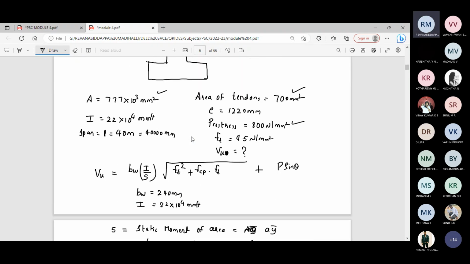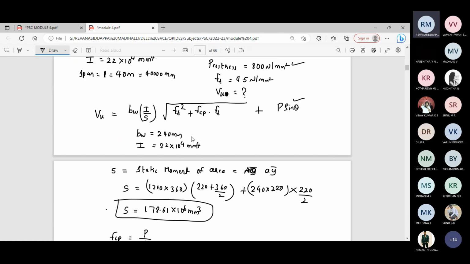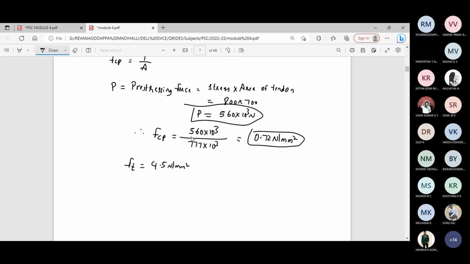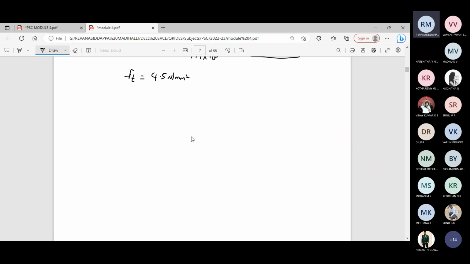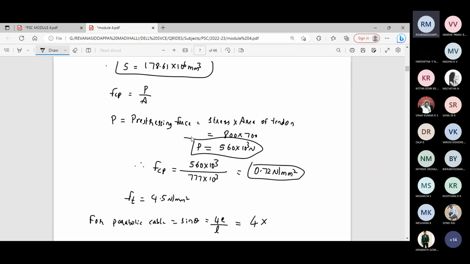Then what else is needed? We need the value of sin theta. We know the formula for a parabolic cable. For a parabolic cable, the value of the slope sin theta is equal to 4e by L. So 4 into eccentricity, which is given.